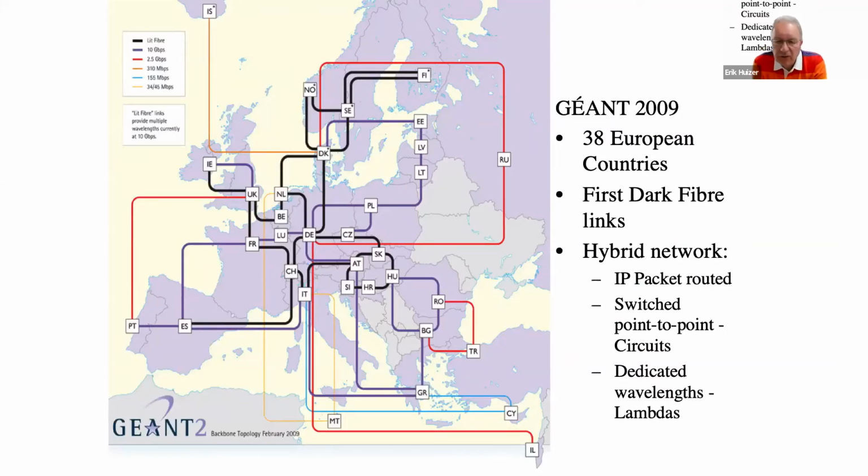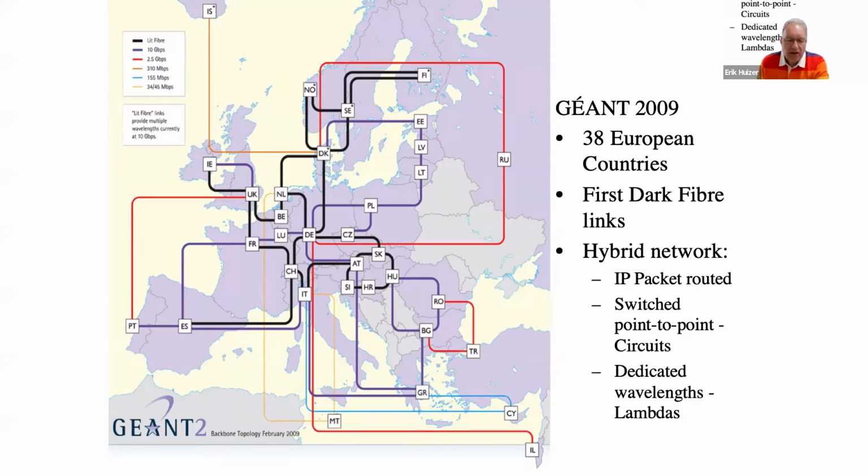This is the GN2 network that ran through most of Europe in a fashion with small loops to avoid any break of service if one of the links wouldn't work. So you would always have the other one. And as you can see, the coverage of Europe was becoming quite extensive. 38 countries were participating. At the core in Northwestern Europe, we had the first dark fiber links because there was enough competition there to bring the prices down.